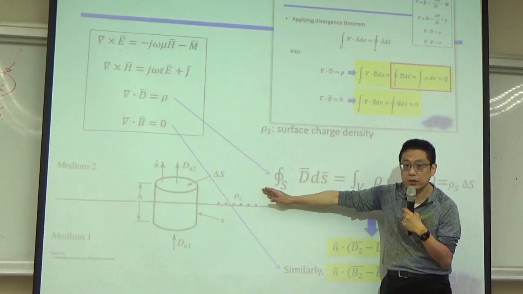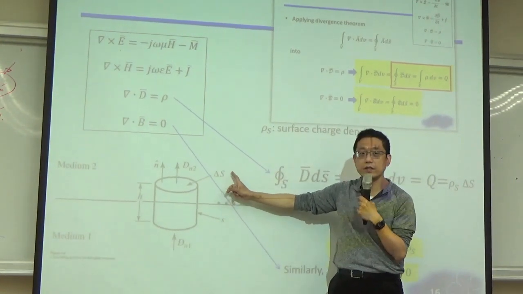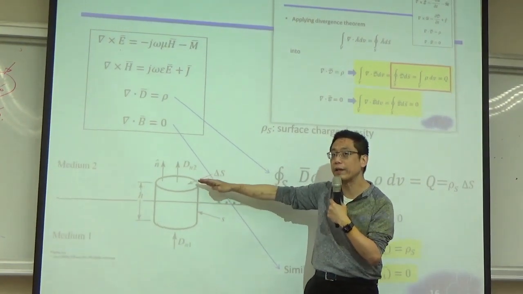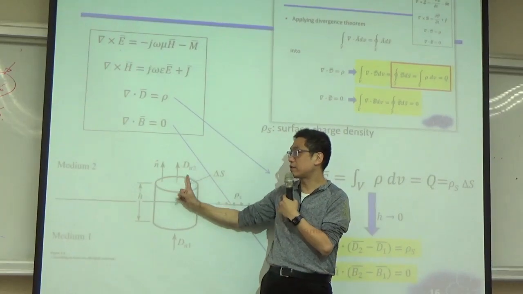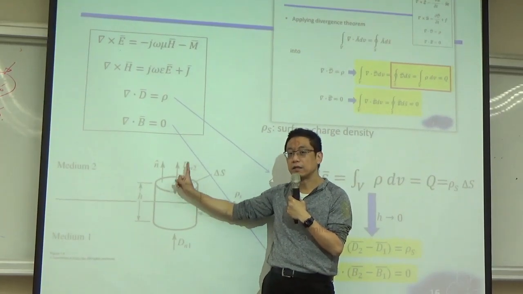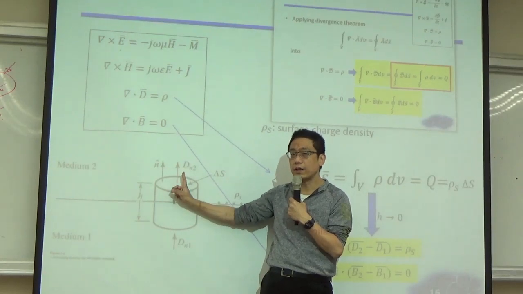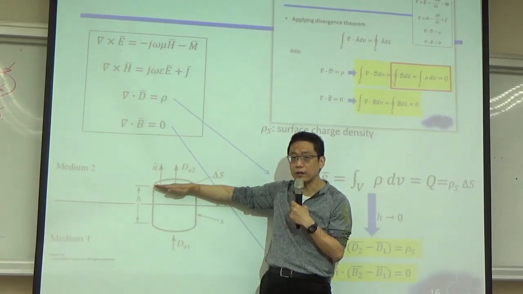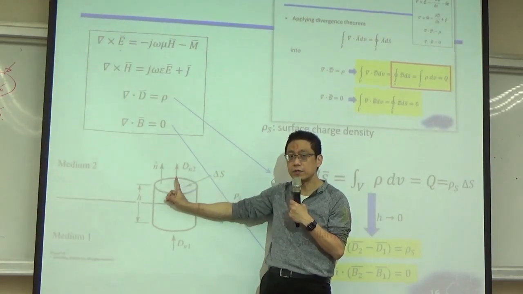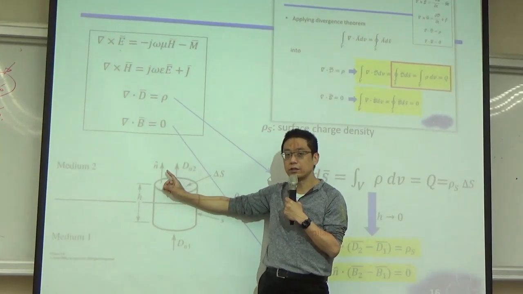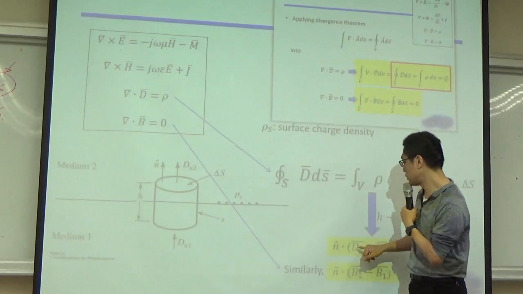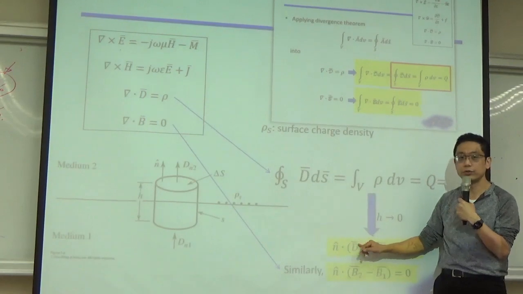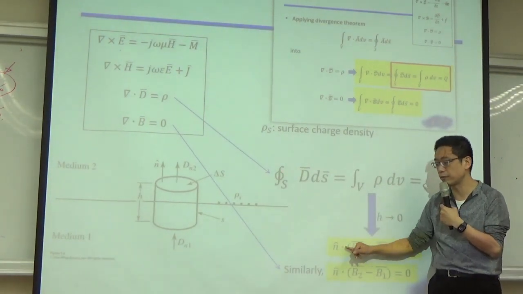On this picture, medium 2 is in the top. When I define this direction, D is the same as the direction of the top surface, so you will obtain a positive result for n dot D2, in the same direction.